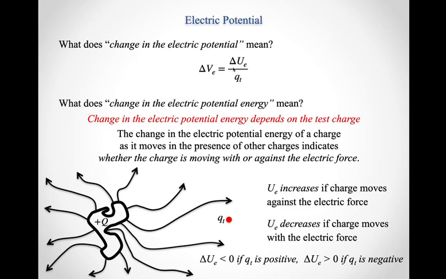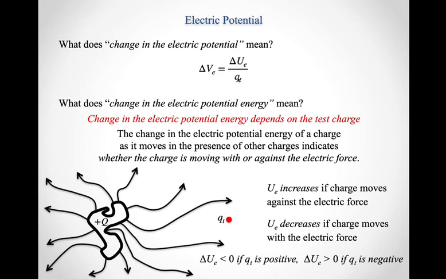What's interesting to see is that if I think about this equation sitting up top, well, we just said that in our example down here, delta U, the change in the potential energy, would be negative if Q was positive. A negative quantity divided by something positive gives me something negative. On the other hand, if my test charge was negative, well, now the Q is negative, but of course delta U is positive.